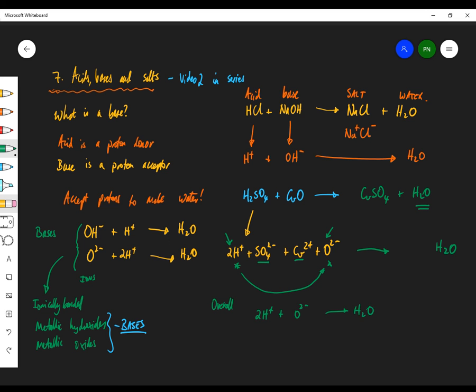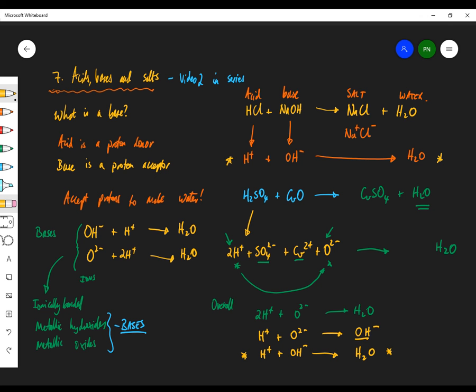This is going to happen in 2 steps. One H plus reacts with the oxide ion to give us an OH minus ion, and then this OH minus ion reacts with the other hydrogen ion to give us water. So as you can see, this reaction H plus plus OH minus gives water is the same as this one, H plus plus OH minus.